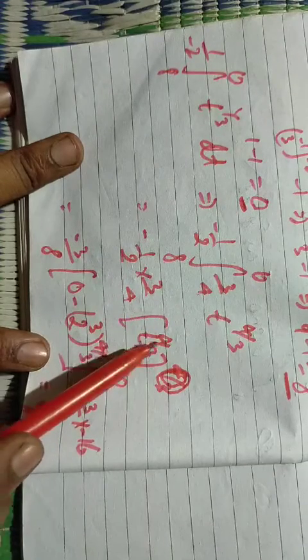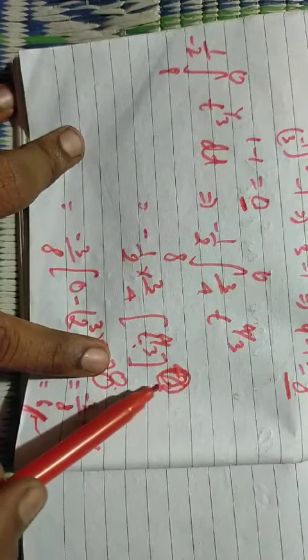So remaining here is t to the power 4/3, and limit is from 8 to 0.